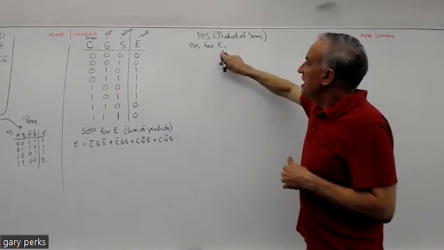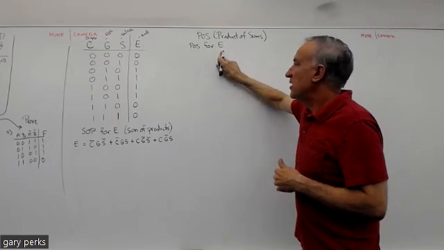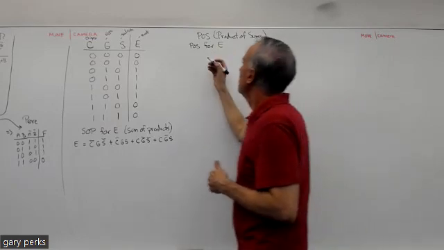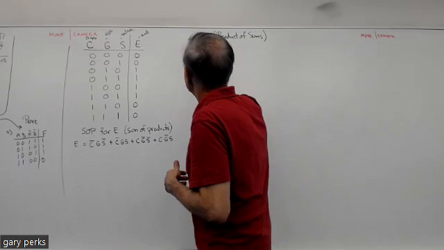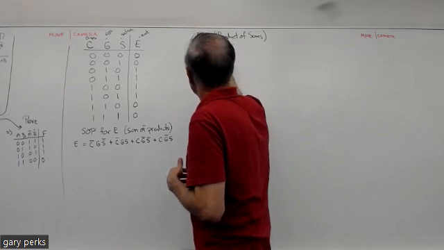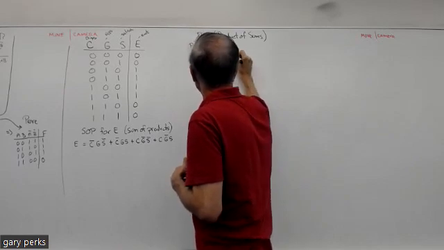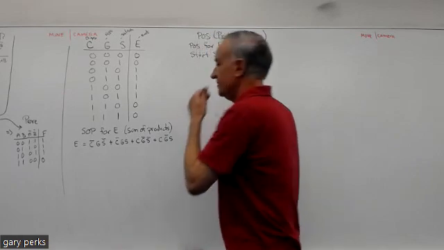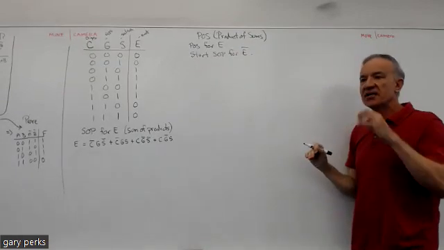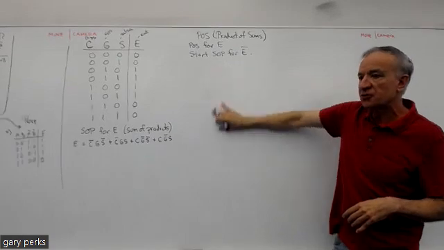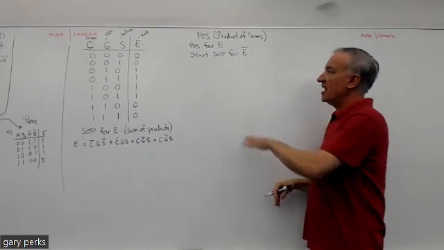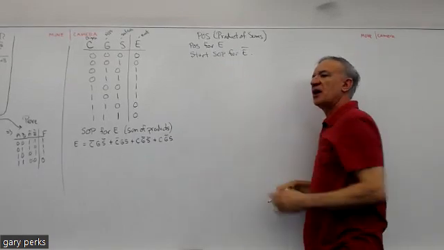If I want to get POS for E, you start with SOP for not E. Now just take my word for it, and then I'm going to show you a derivation here, and you'll see at the end why this is so.